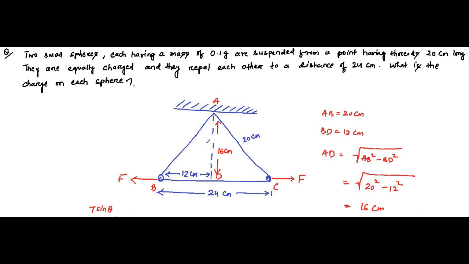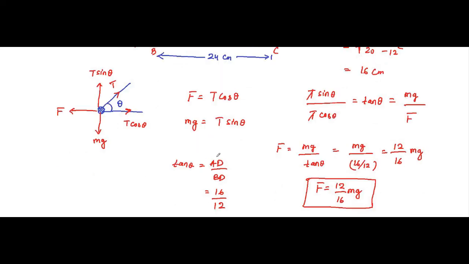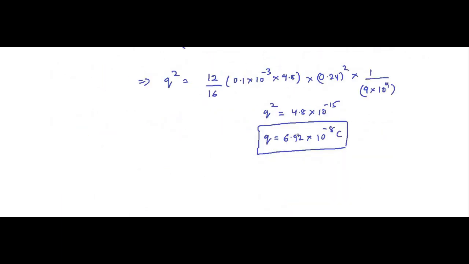Once you draw the diagram, you can understand the question in a better way. Next was simply resolving the different forces acting on each sphere into horizontal and vertical components, equating them, and then you get the solution. Simple mathematical calculations.